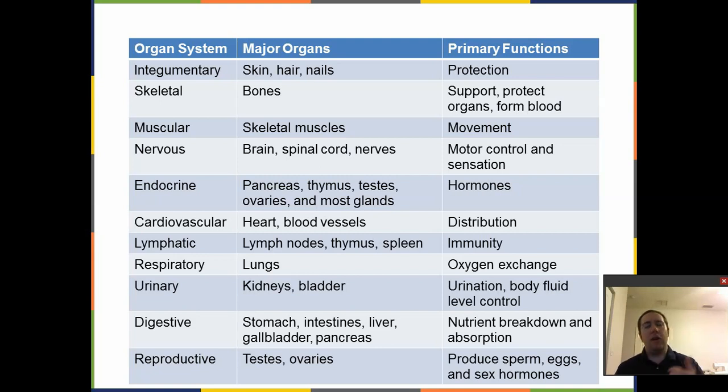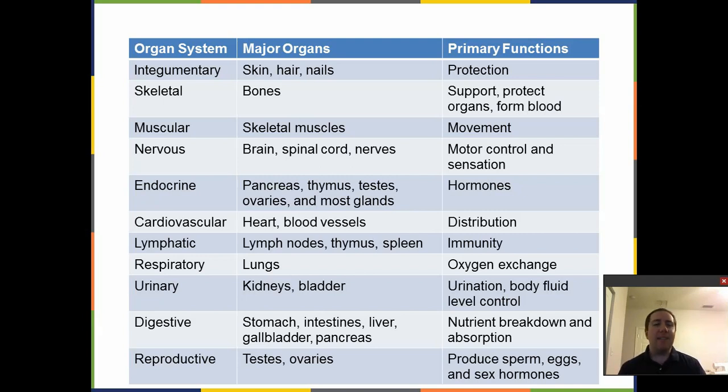I could do a question either way. I could say, which organ system is the brain in? And you would say the nervous system. Or I could ask you, give me an organ in the muscular system. Now, you don't need to know all the organs, because if I were to say, name an organ in the digestive system, you know the stomach is there, and so you don't have to worry about the more tic-tac ones like the gallbladder and the pancreas.